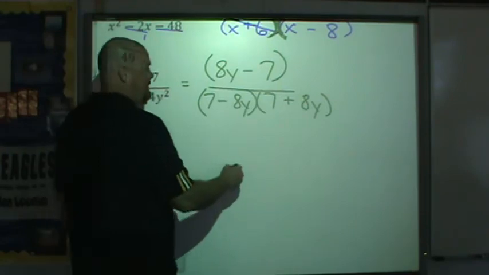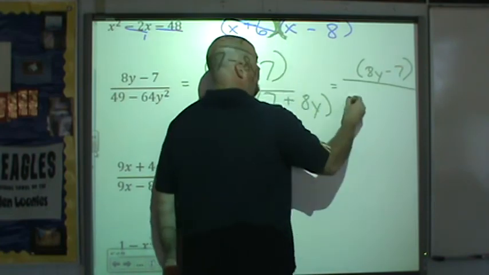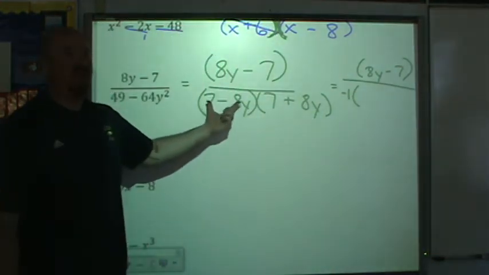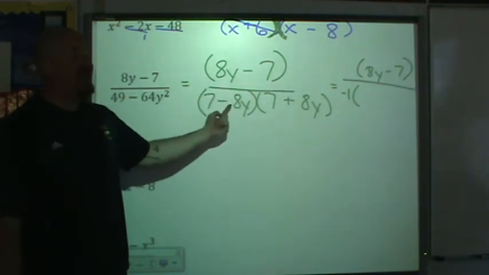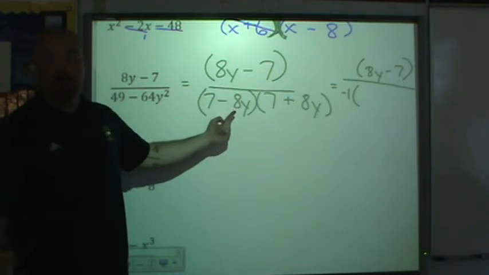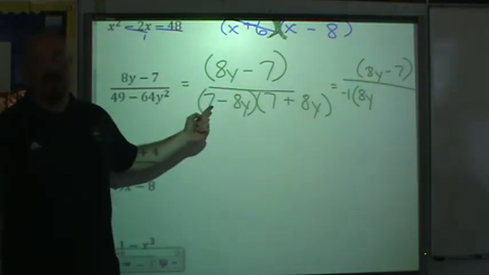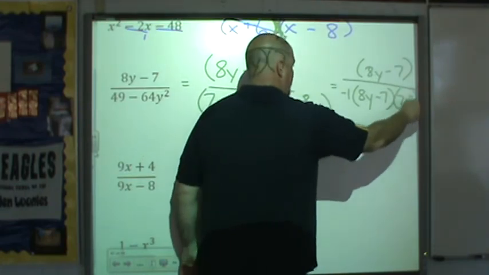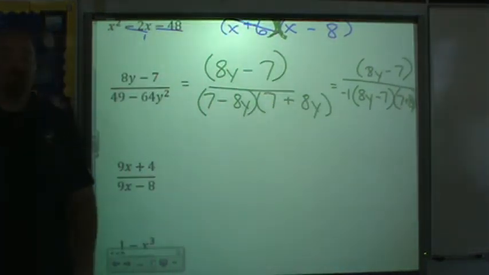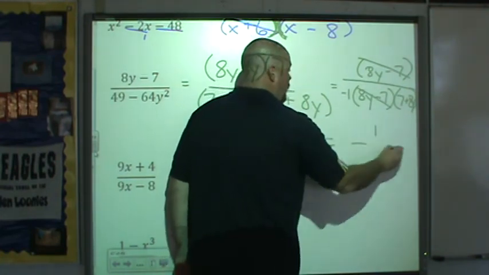So if I take a -1 away from this factor, I'm dividing both of these by -1. What's -8 divided by -1? Positive 8. What's positive 7 divided by -1? -7. Sorry, running out of room here. And now do I have a common factor? Now I do. So I can cancel these, leaving me with just a 1 on the top.